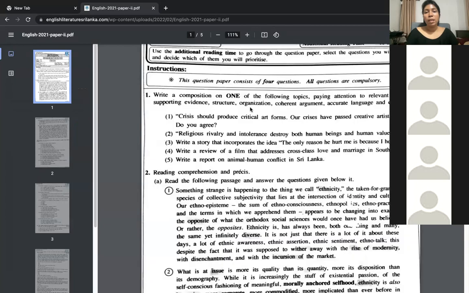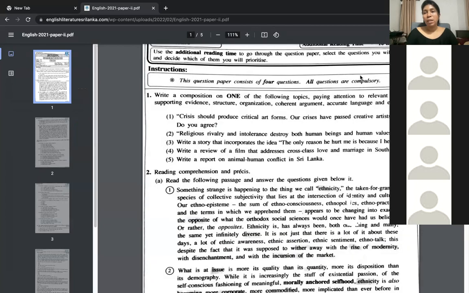See, in the second paper, you can see we are getting 5 topics under the essay topic. The first topic is writing an essay. The second is also writing an essay. The third topic is for creative writing.